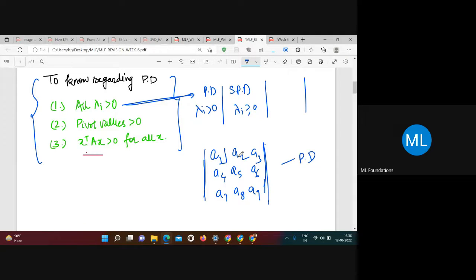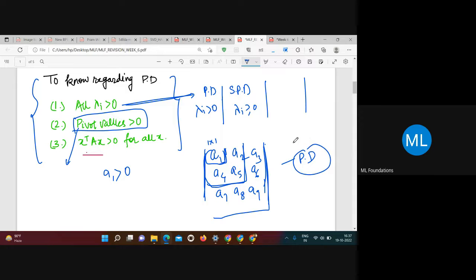Leading determinant means, if you have a 3 cross 3 matrix, first calculate the determinant of 1 cross 1, then the determinant of 2 cross 2, and then the 3 cross 3. If all three are positive, we can say this is positive definite.